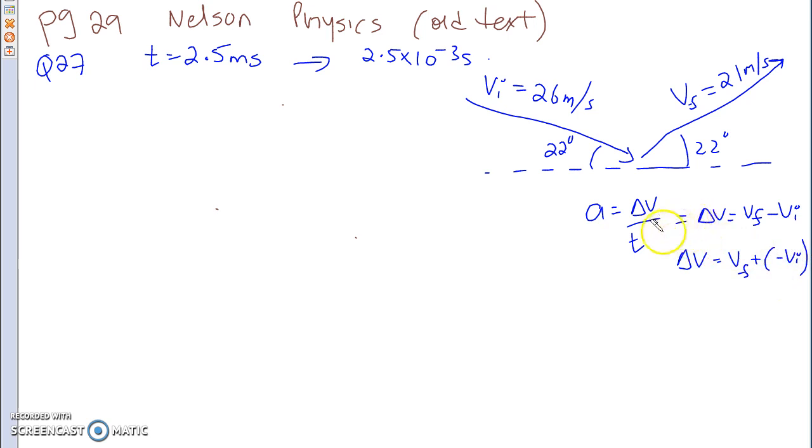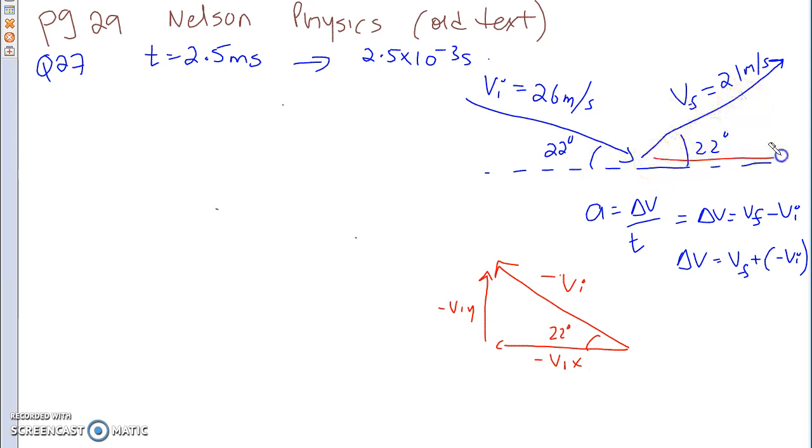So this is my original vi, and I am going to turn it around so it's going in the opposite direction, because vi is negative. And these are my vector components. This is still 22 degrees. This is your negative vix, negative viy.